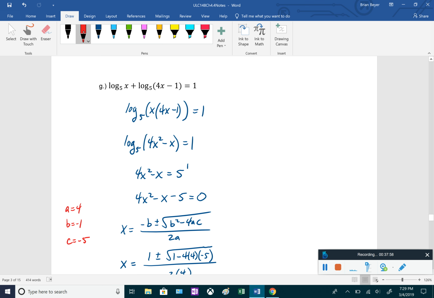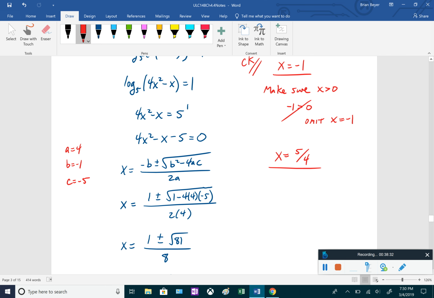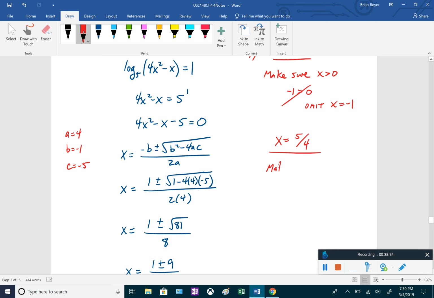Going all the way back to the top. So check. For x equals negative 1, we have to make sure x is positive and 4x minus 1 is positive. So make sure that x is positive, but x is negative 1. Negative 1 is not positive, so we have to omit x equals negative 1 again. Okay, next we're going to check 5/4. So checking 5/4 here, plugging those in, we have to make sure x is positive.